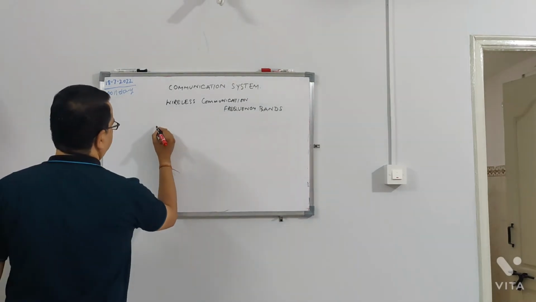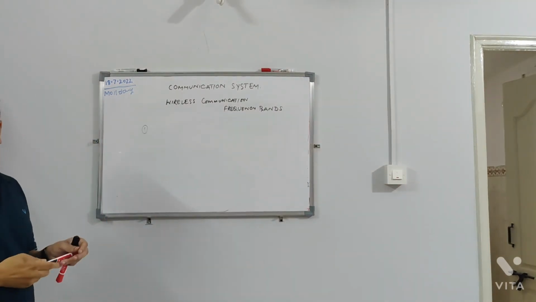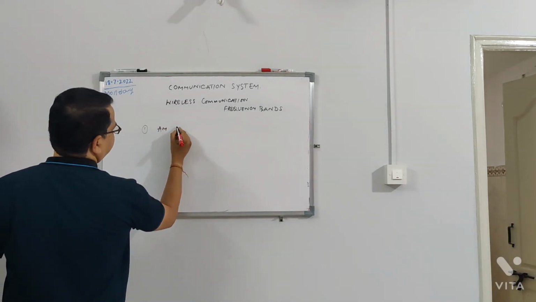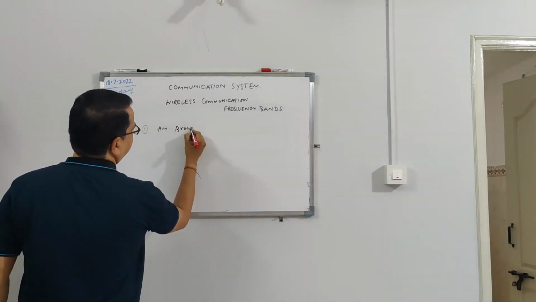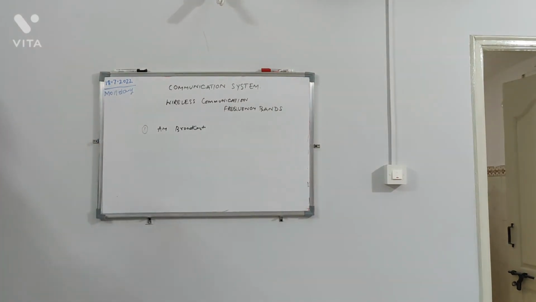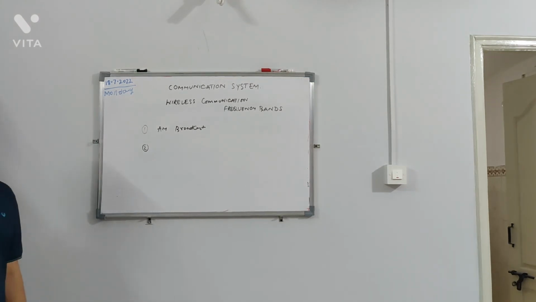One is AM, or amplitude modulation, broadcasting. And then you have FM. I was telling you there are two types of modulation: one is amplitude modulation, one is frequency modulation.